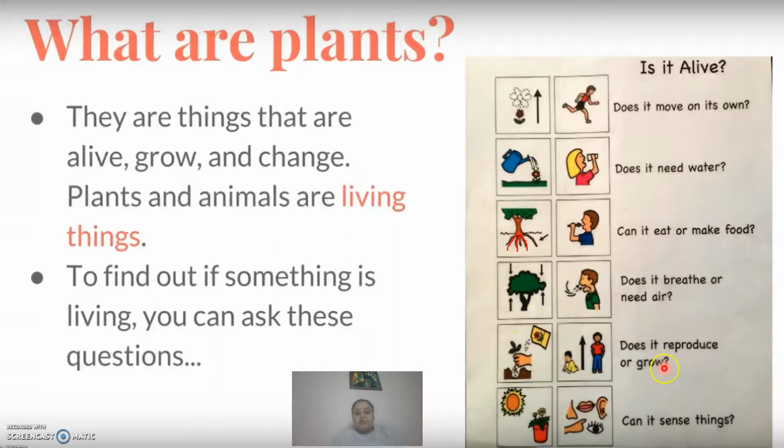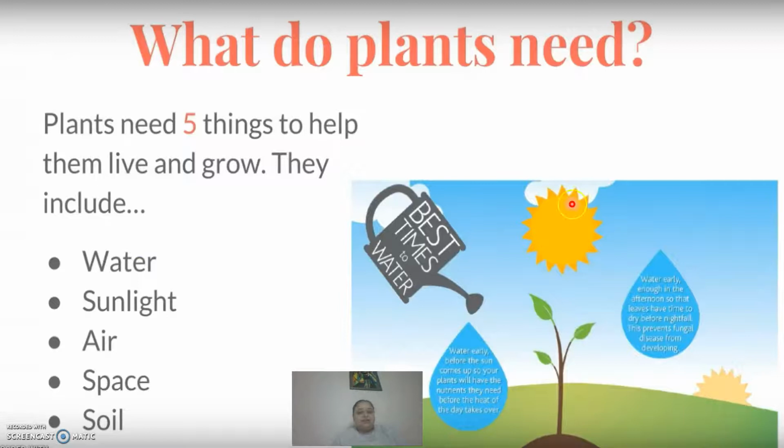So yes, they grow and new plants can be made from them. Can it sense things, like we have sense organs and we sense things? Similarly, plants can also sense the sunlight and they bend towards the sunlight. So yes, what are plants? Plants are living things.